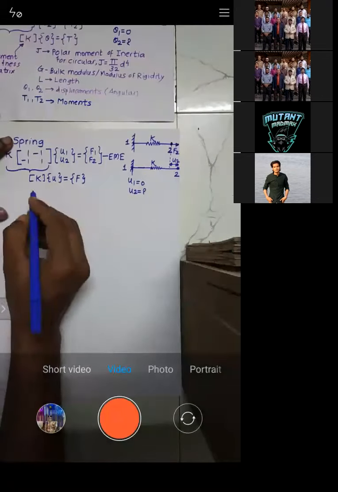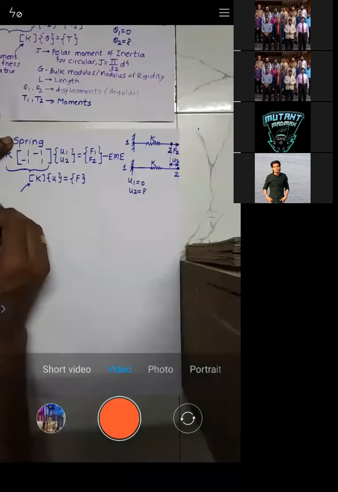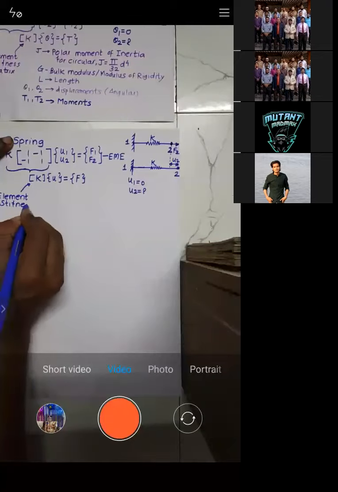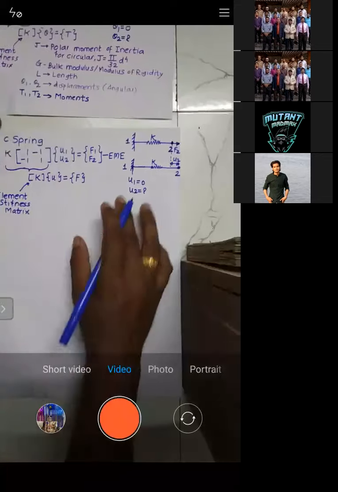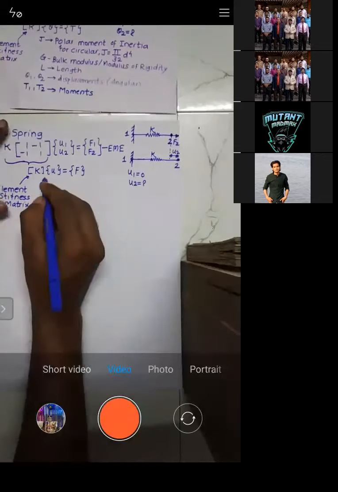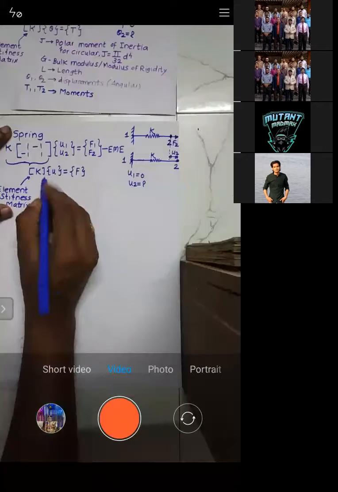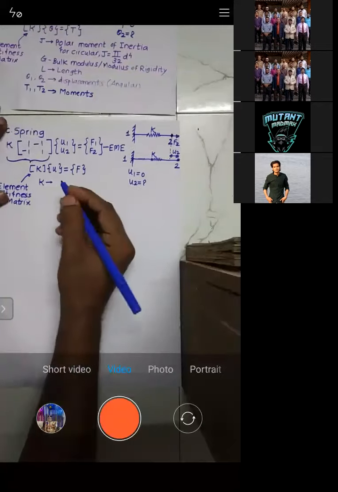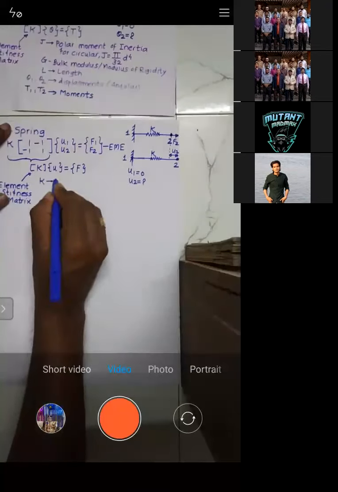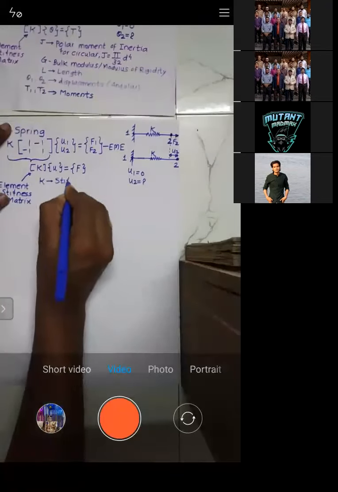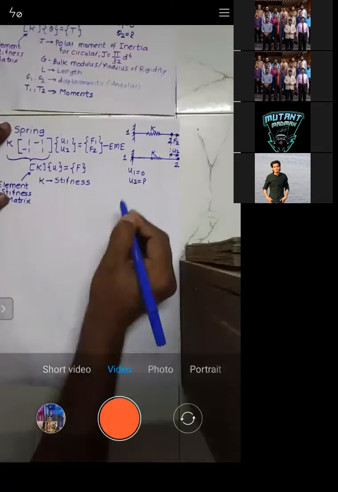Now let me clear. What is this K? It's an element stiffness matrix. It is called the element stiffness matrix. Now, what is U1 and U2? First, let me define K. It's the stiffness, the spring stiffness, basically stiffness, right?